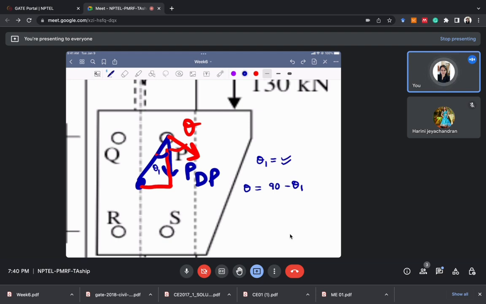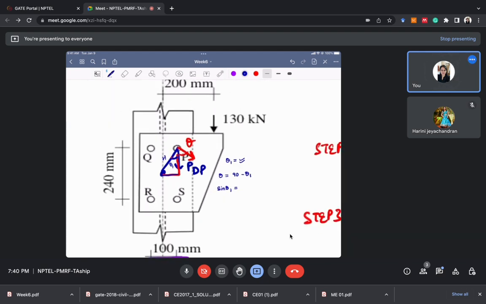Theta 1 is simple to calculate. We can use any of them, like we can use sine theta. So sine theta 1 will be perpendicular divided by hypotenuse. What is the value of perpendicular?